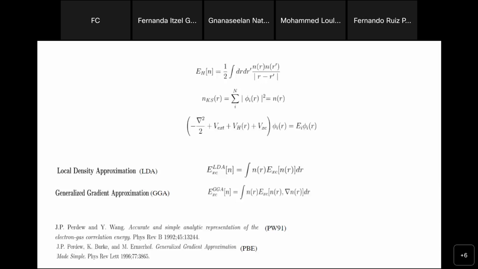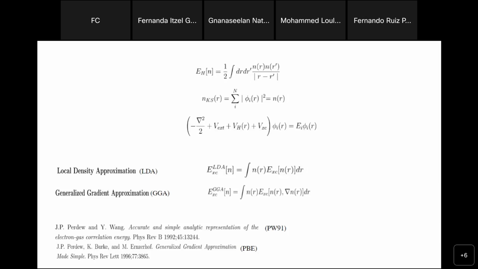GGA. In the local density approximation, the local exchange correlation is considered as the exchange correlation energy of a uniform gas of electrons with a uniform density.